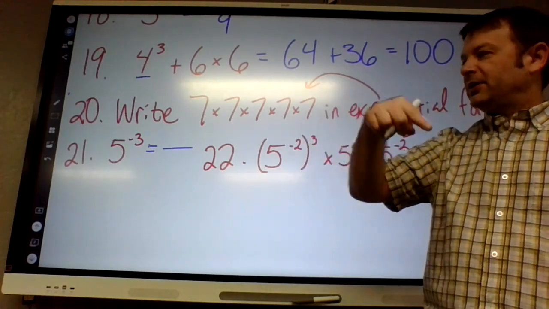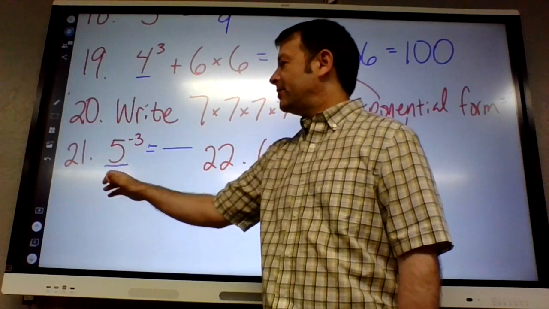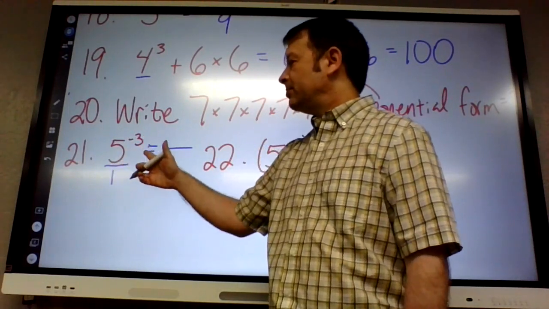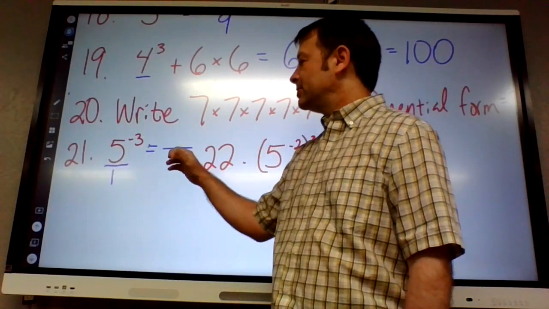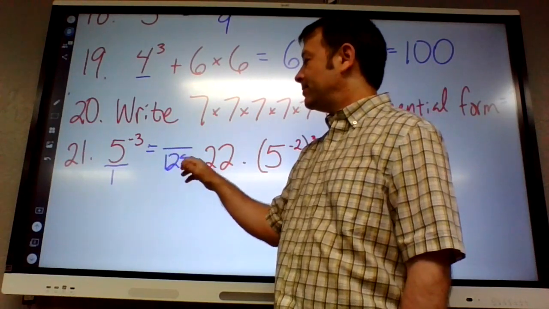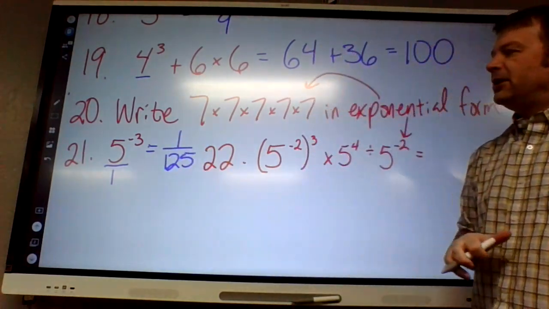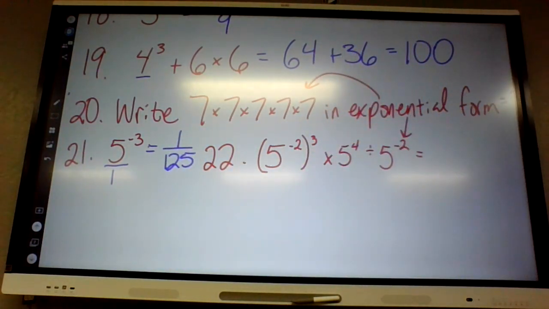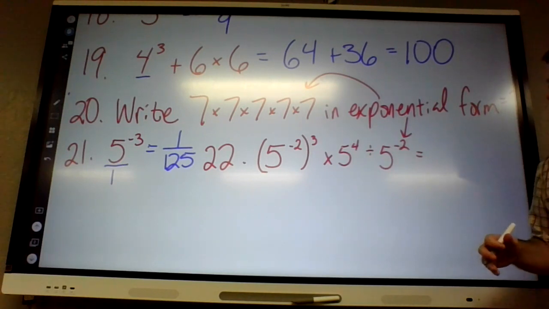Nope, wait, under 1. Right now it's on the top, but it's going to go to the bottom. So it's 125 on the bottom. Let's not put any decimals on that. Some of your calculators probably spit out a decimal.